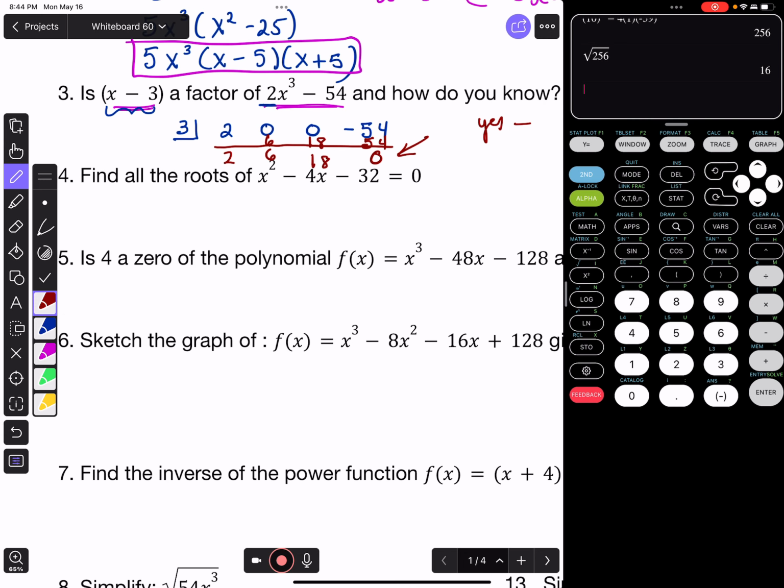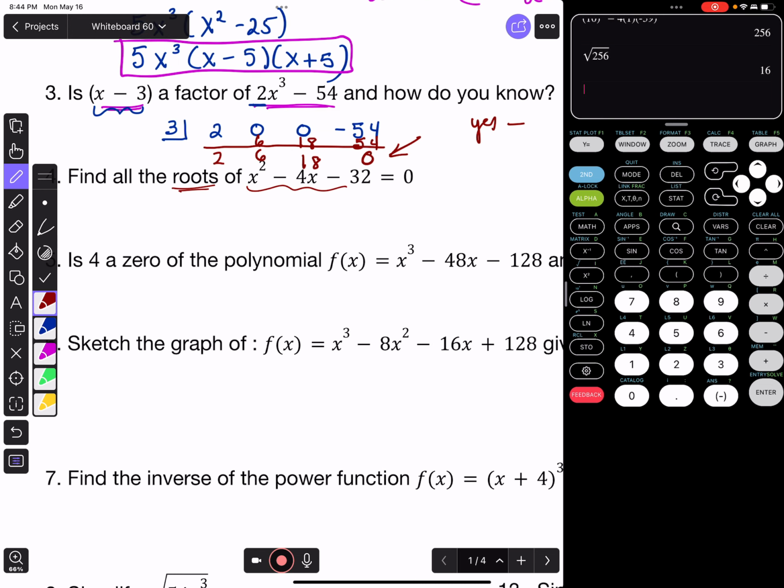Question 4, find all the roots of this trinomial here. Notice it is quadratic, and so to solve quadratics, we make sure they're equal to 0, and then we try to factor them. You could always use the quadratic formula, but that'd be a little overkill, I think, for this problem.